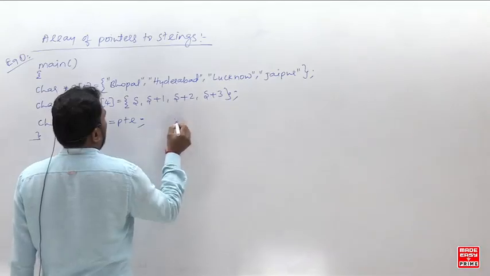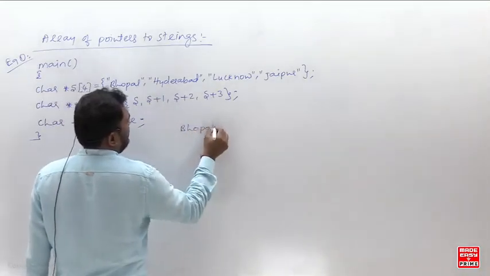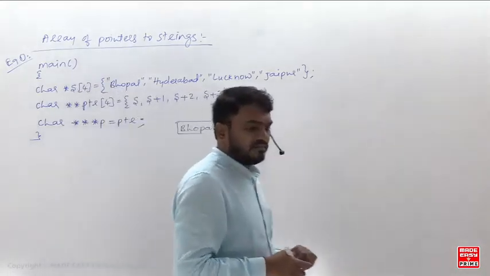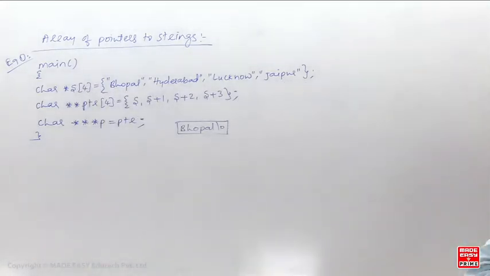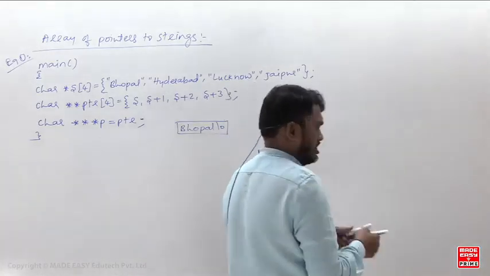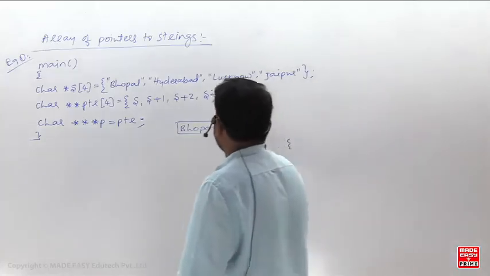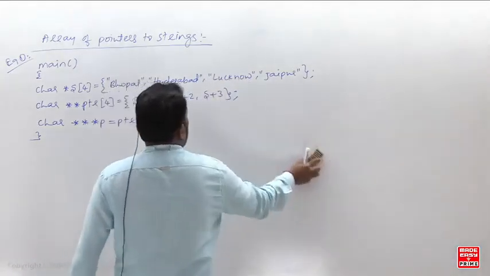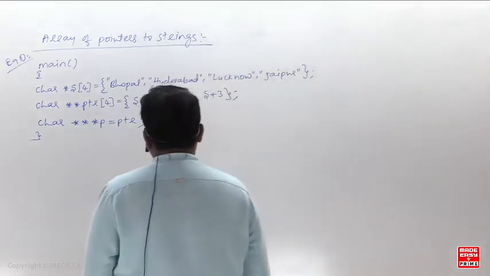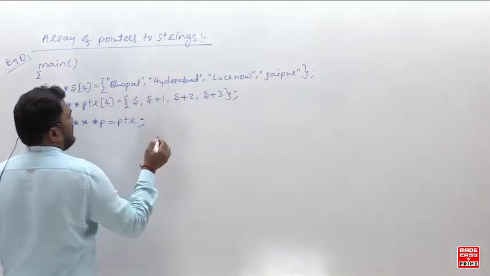So if I say you are having the strings here, 4 strings are there. Bhopal, Hyderabad and all that.